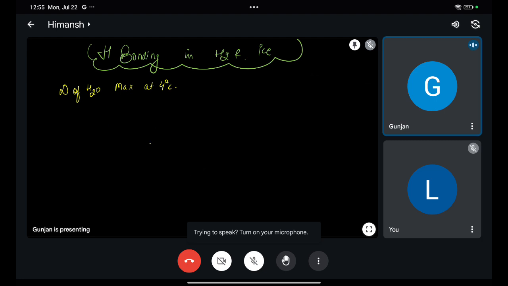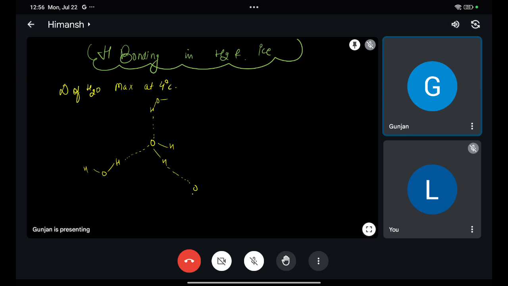So tetrahedral arrangement of water molecule is like oxygen, hydrogen, oxygen, and okay, this is how actually the structure of it exists to be like.